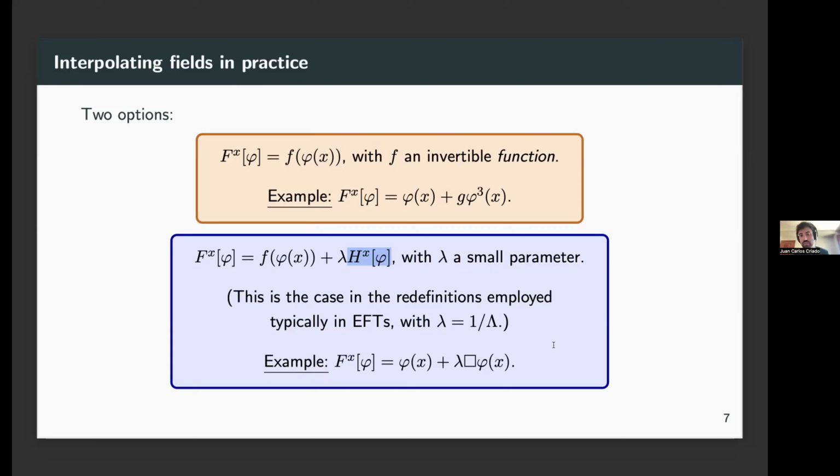So those are the two ways in which you can construct interpolating fields. And the second one is the one that we usually employ in EFTs, right? We have some, so lambda again is 1 over the cutoff scale or 1 over the cutoff scale squared. And then the redefinitions that we do are phi plus lambda times high dimensional operators, or whatever you need in there to cancel the operators that you want to eliminate.